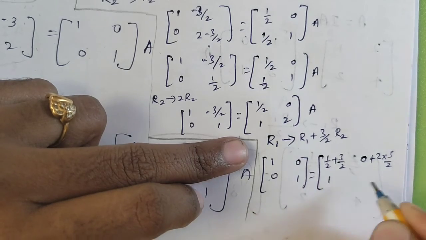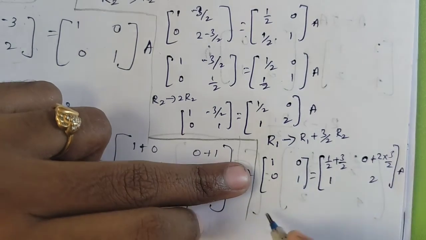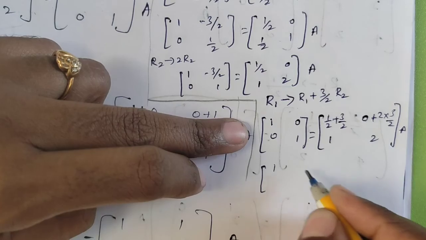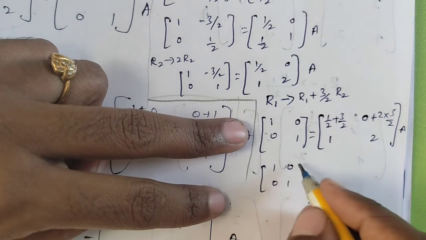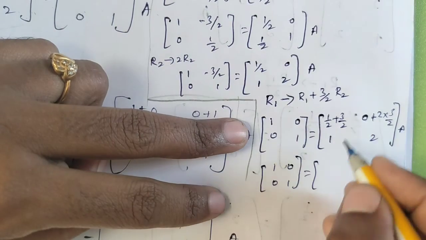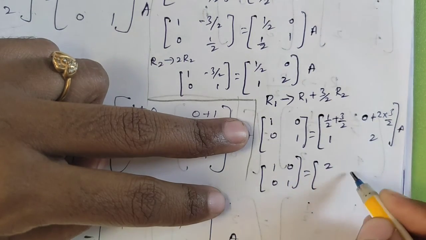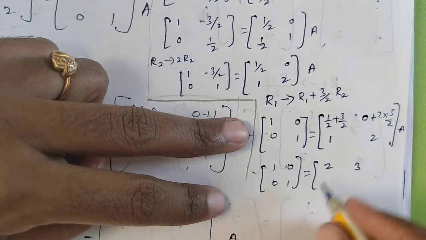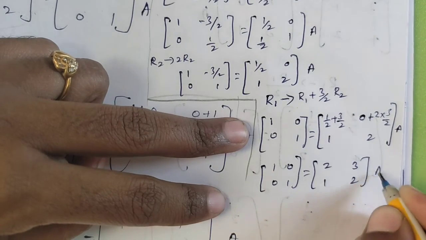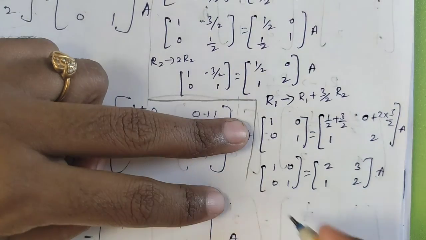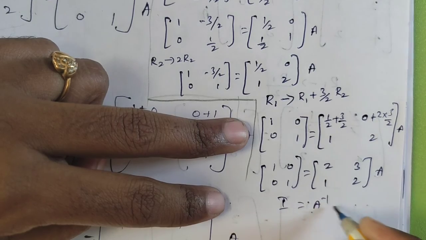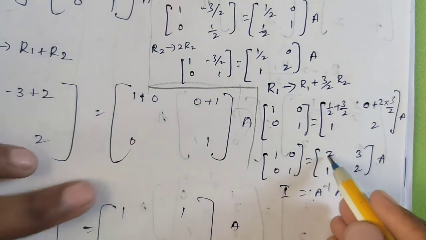R2 is kept as it is, into A. So 1, 0, 0, 1 is equal to 4 by 2, that is 2; the 2 gets cancelled, 3; 1, 2 into A. Therefore, I is equal to A inverse A. Our A inverse matrix is 2, 3, 1, 2.